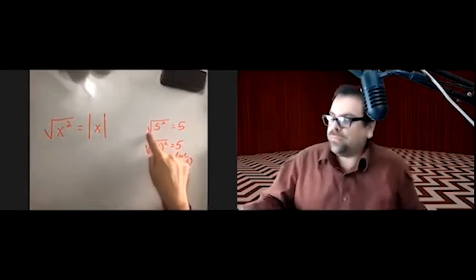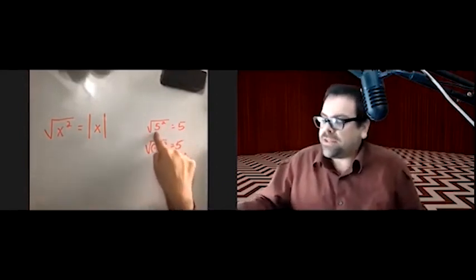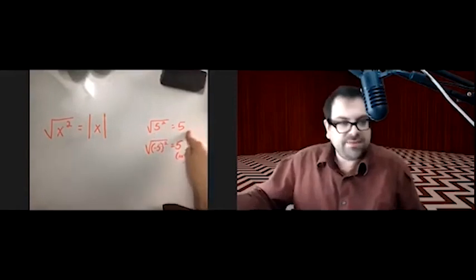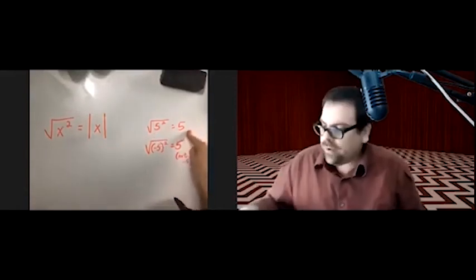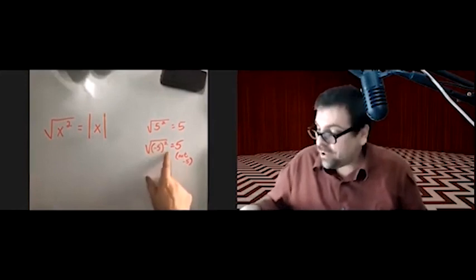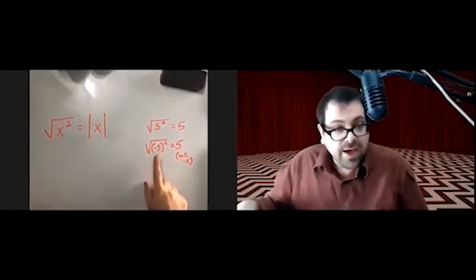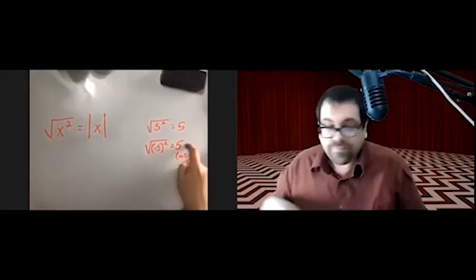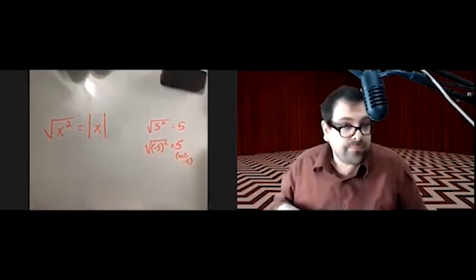Here, the square root of 5 squared would be the absolute value of 5. That's 5. Here, the square root of -5 squared would be the absolute value of -5. That's also 5.